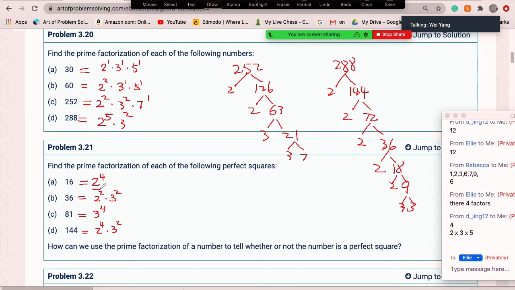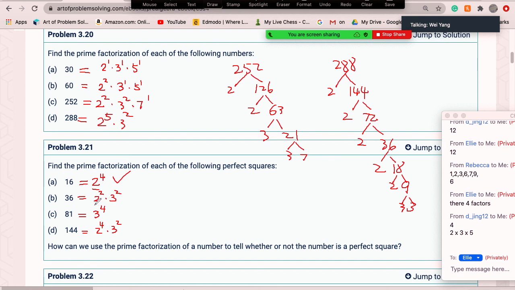Say if you have one factor, if its exponent is an even number, that means this number is a perfect square number, right? Say 16, you only have factor 2. So then you check the exponent of 2. If it's an even number, say this is a 4, that's an even number. So that means this one's a perfect square number.